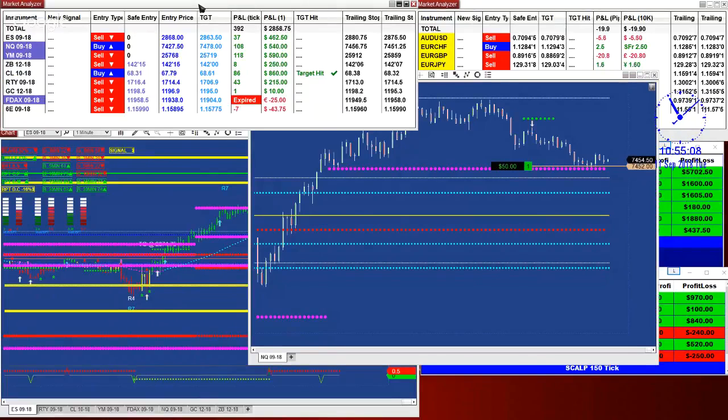We have 37 ticks on the ES, 108 on the Nasdaq from the last entry signal, and the YM is 117 ticks. It's not letting me examine the chart. So what I'm gonna do, I'm gonna try to open a new chart and see if we can get away with it.